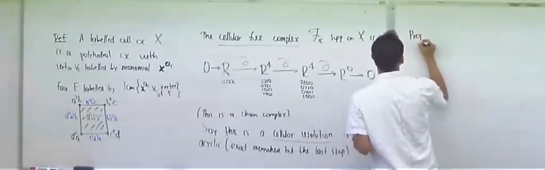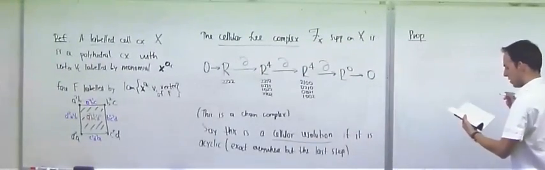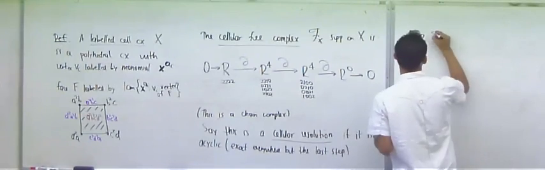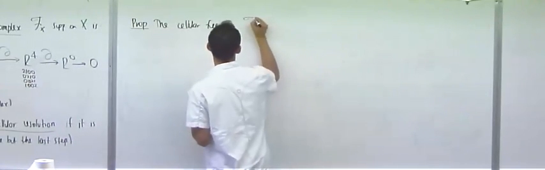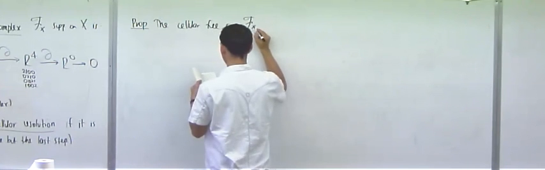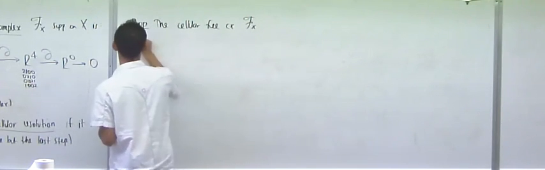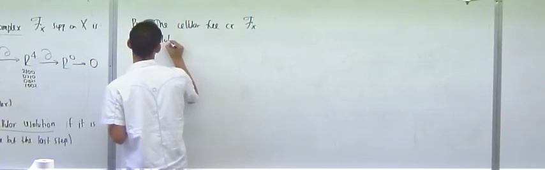So here's the main theorem about this. So the main theorem is that the cellular free complex F_X is a cellular resolution if and only if something occurs.